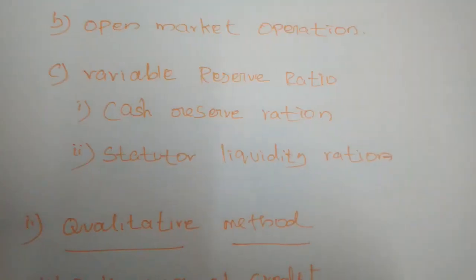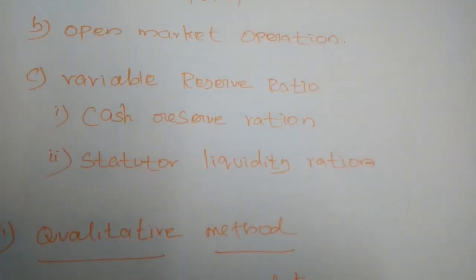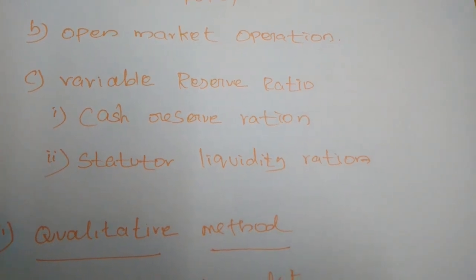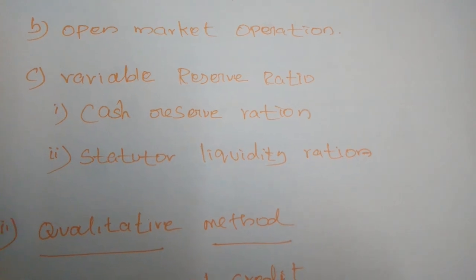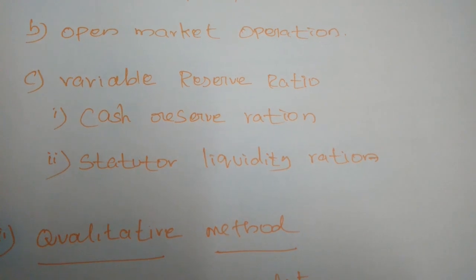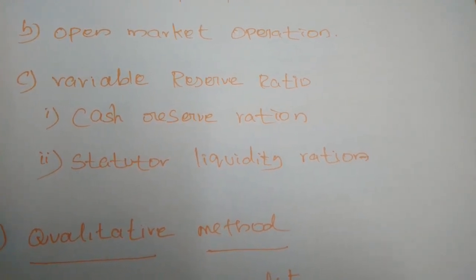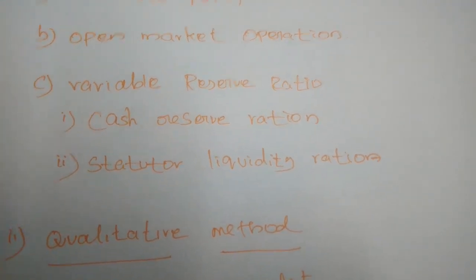So whenever the Reserve Bank of India increases the statutory liquidity ratio, on the basis of the guidelines or the order of the Reserve Bank of India, the commercial bank also must have some amount of money in the form of cash, some amount of gold and some amount of approved securities.